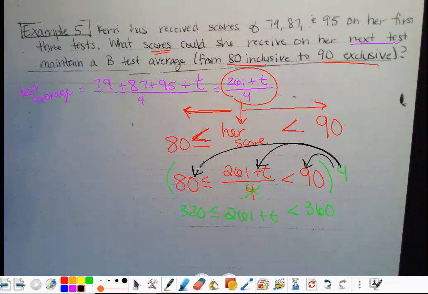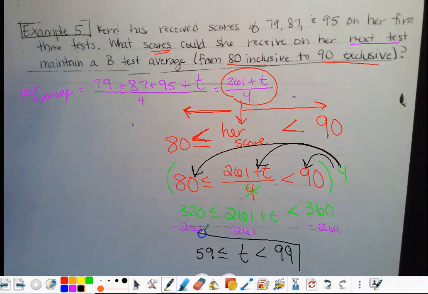Now I can subtract 261 from all 3 parts of this inequality, which is going to result in 320 minus 261 is 59. So I'm going to keep less than or equal to my variable t, my less than, and 360 minus 261 is 99.